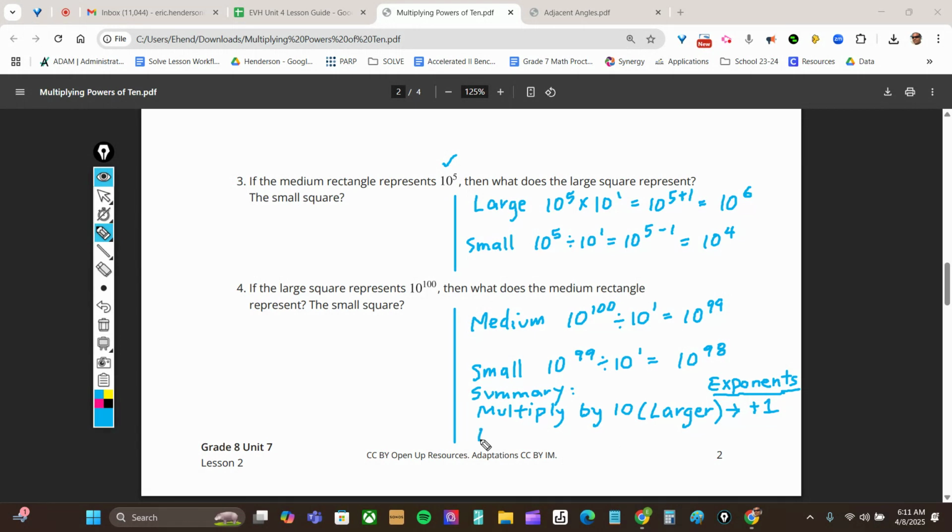And when we divide by 10, because we want it smaller, then we subtract one exponent, just to clarify that. They might say that in the summary, but I want to add that to this question. Alright, go ahead and add that to your notes. Then we will move to the next section.